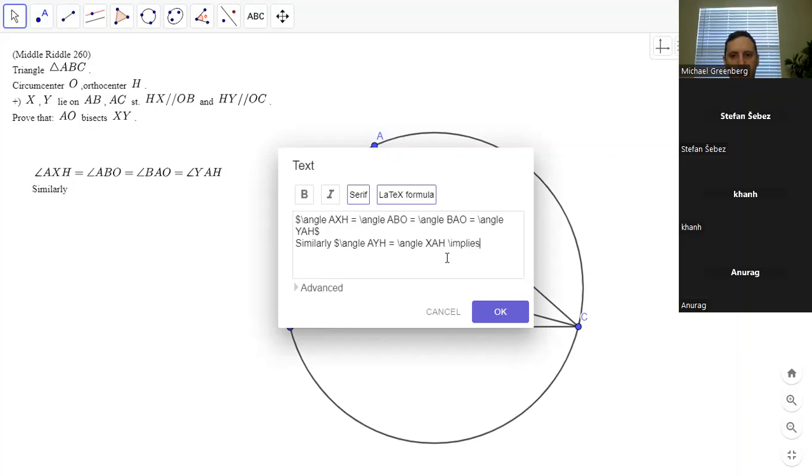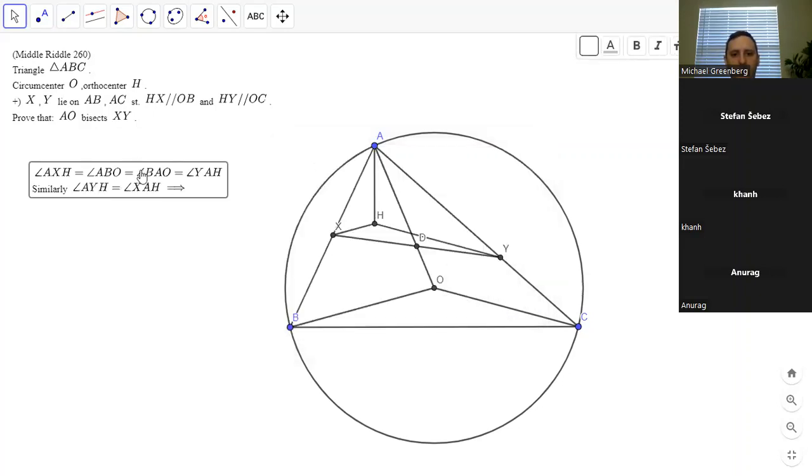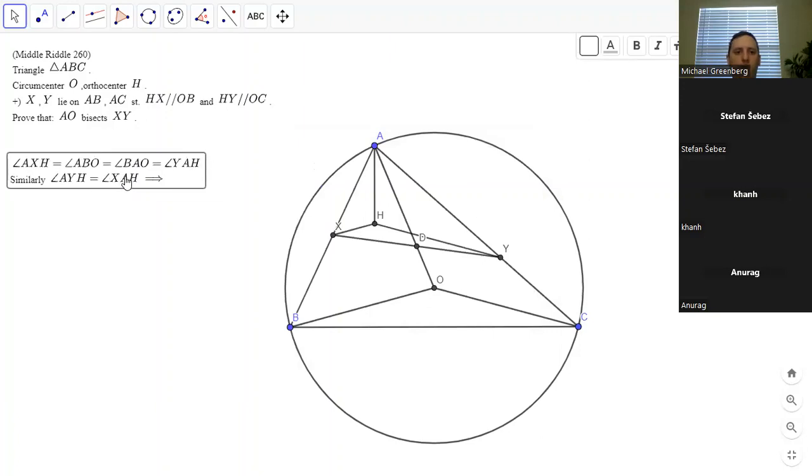And that by itself shows that H is the Dumpty point of AXY.